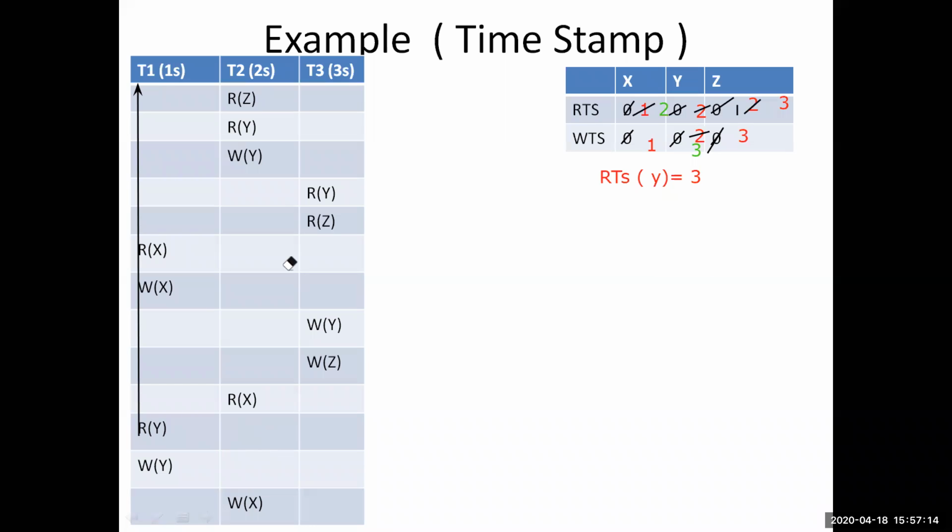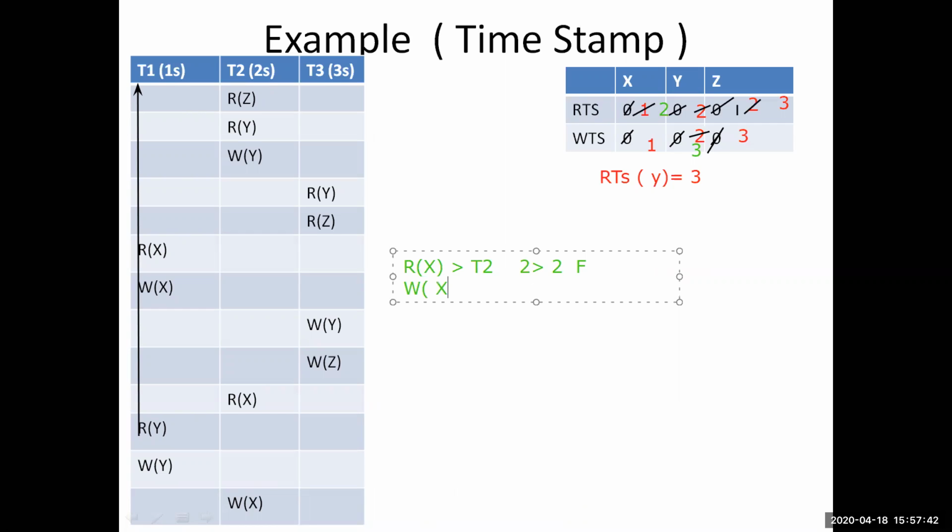So I'll check directly now for write of x. For write of x, I need to check read of x. Is read of x greater than T2? That means is 2 greater than 2? Answer is false. Then I'll check the write condition.